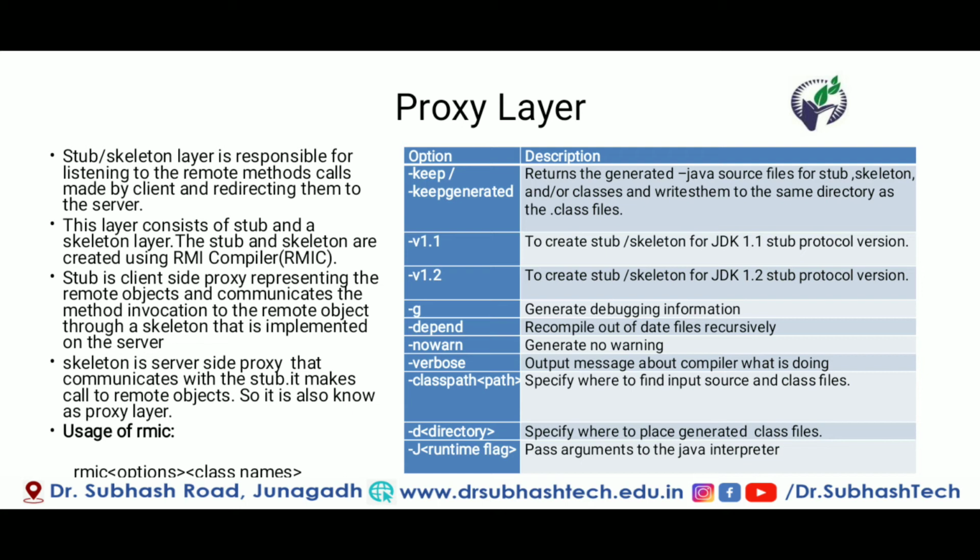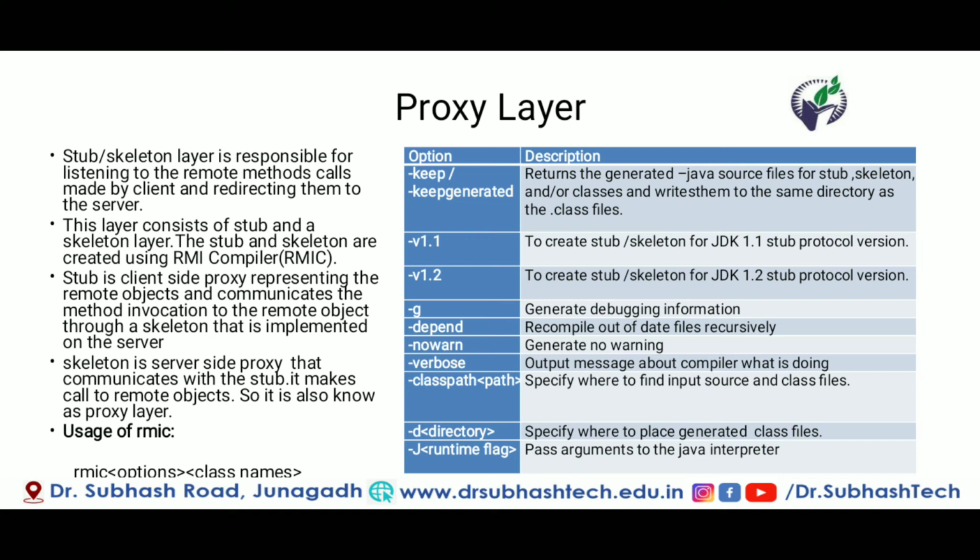Among the options, keep or keepgenerated writes the Java source files for the stub and skeleton classes to the same directory as the .class file. Then there are v1.1 and v1.2, which determine how the stub and skeleton are generated. For example, to create the stub or skeleton for the JDK 1.1 stub protocol version, you use RMIC.